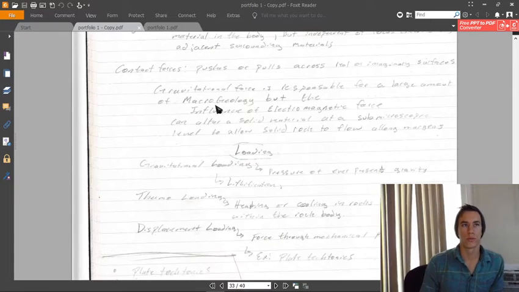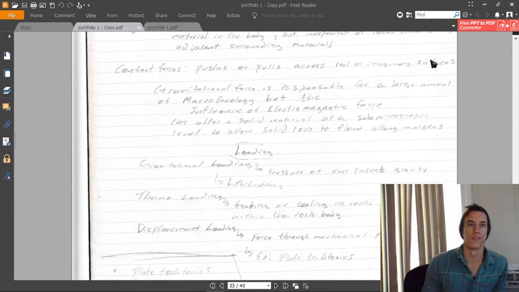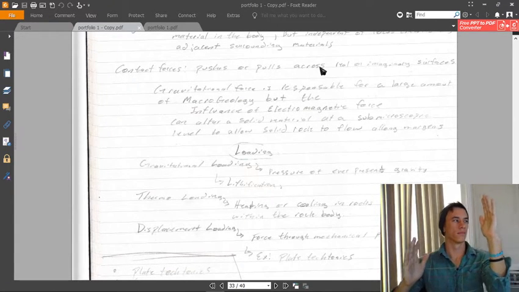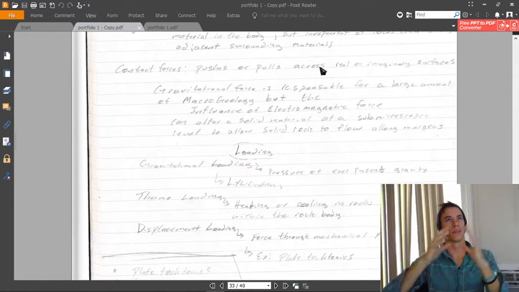Contact forces push or pull across real or imaginary surfaces, and that's kind of difficult to think about when you're thinking about imaginary surfaces versus real. An imaginary surface would be like an electromagnetic field. It's kind of difficult to explain.